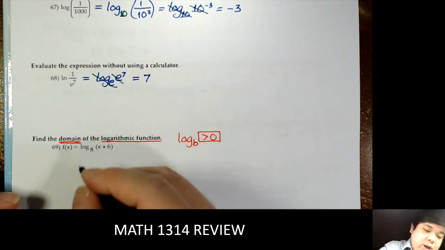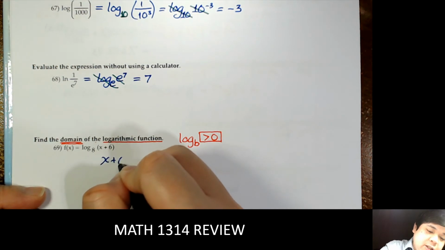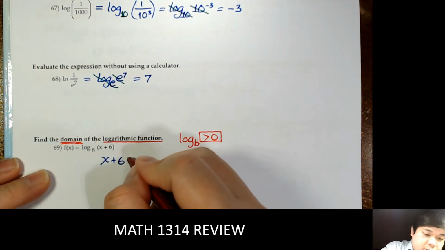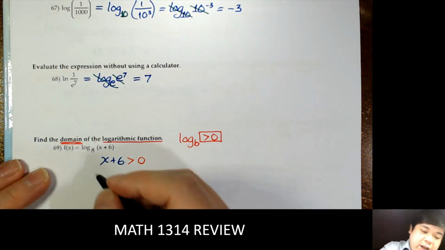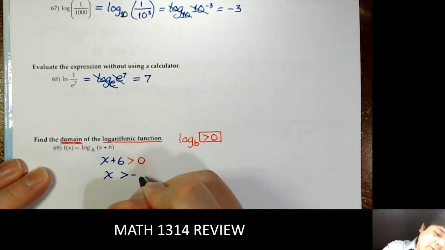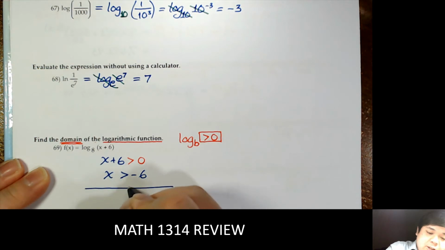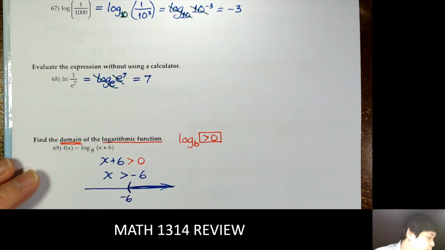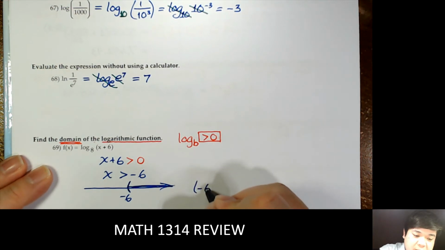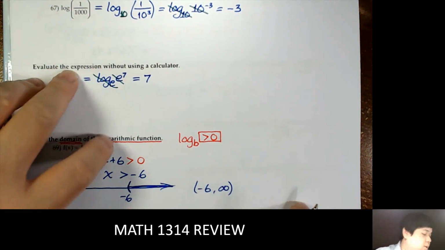So what we do is we let x plus 6 be greater than 0. And now we solve for x greater than -6. So it will be greater than -6, and we don't have the equal sign. So we write from -6 to infinity.